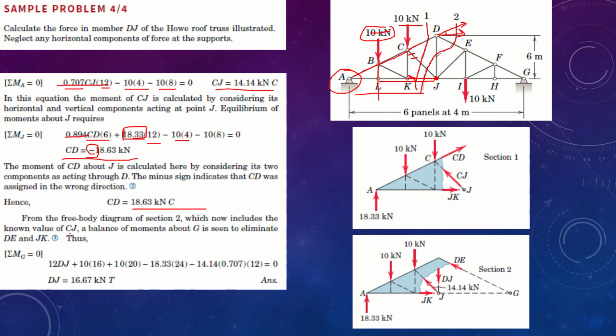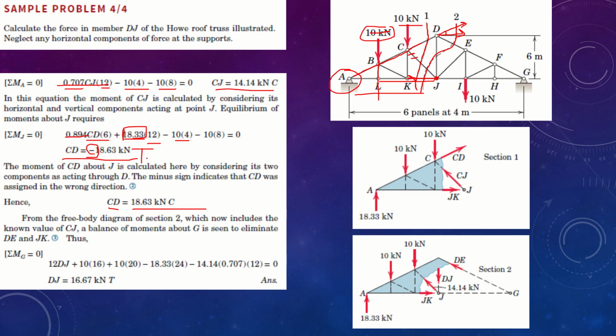Now, remember, once you have defined the directions before solving, do not change the direction within the problem. While solving, we have calculated that CD is negative, and since it is negative, we know our assumption of tension was wrong.